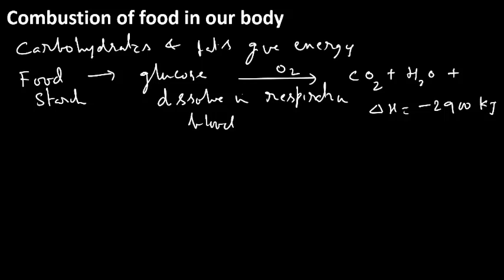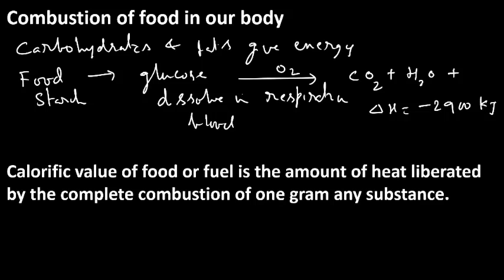By taking different foods, how much energy do we get? Therefore, we can compare, and this can be compared by using the term calorific value. Calorific value of food or fuel is the amount of heat liberated by complete combustion of 1 gram of any substance.